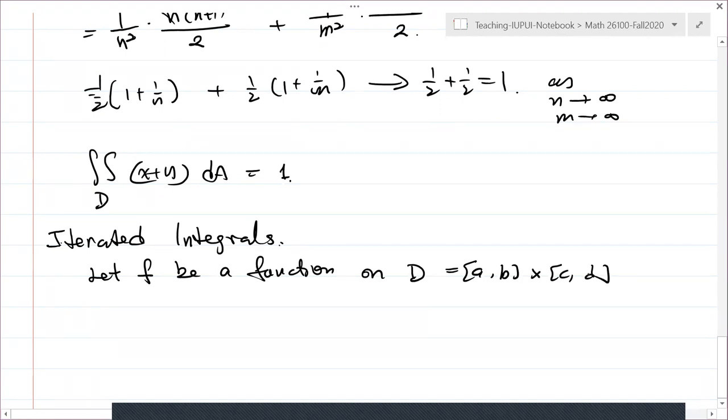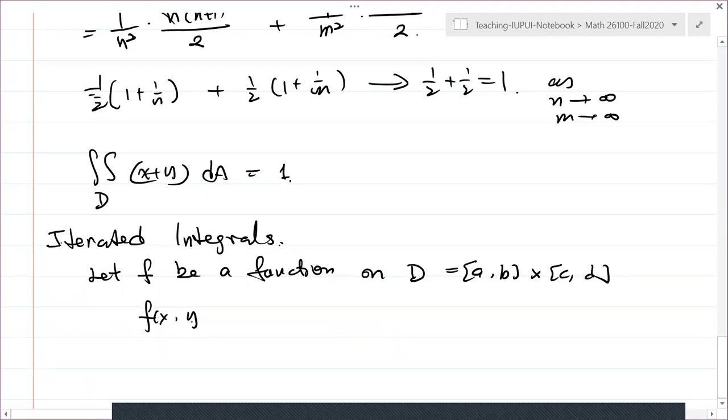So this is a function defined on that, and we have to assume that the function is integrable. For any fixed x, you get a function in the y variable.